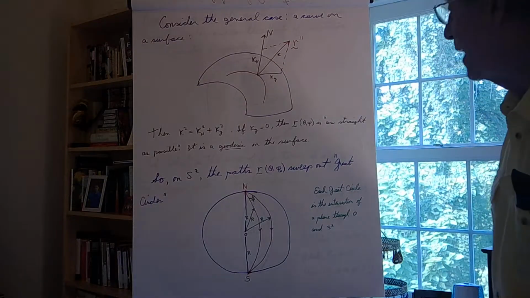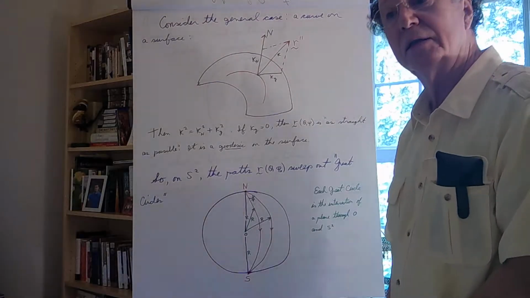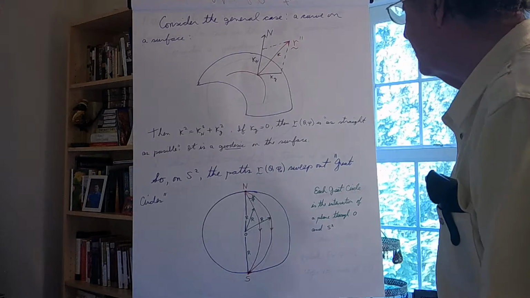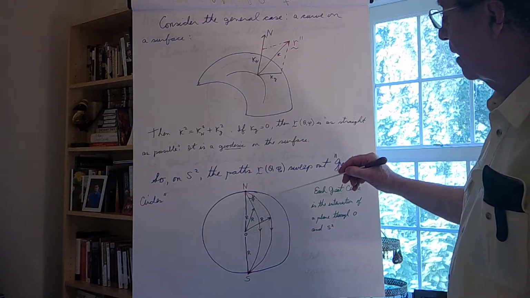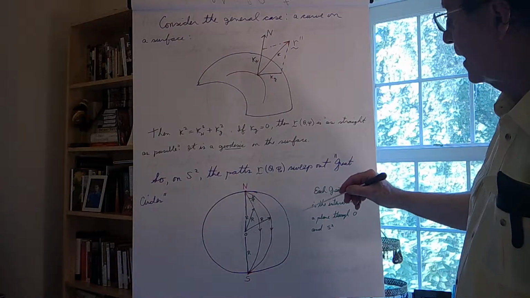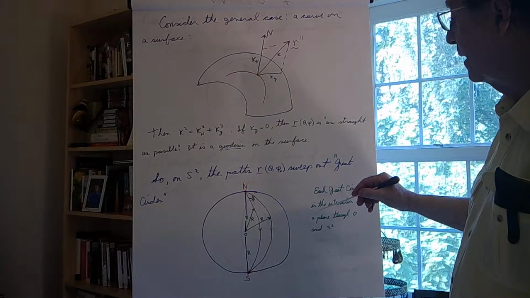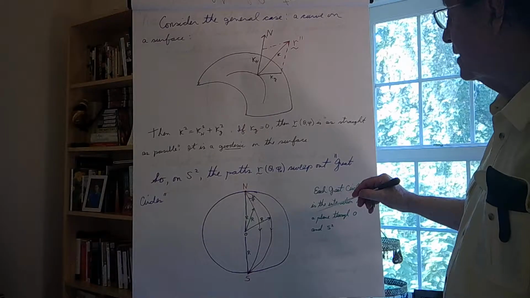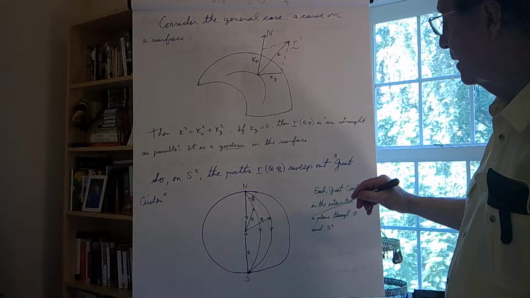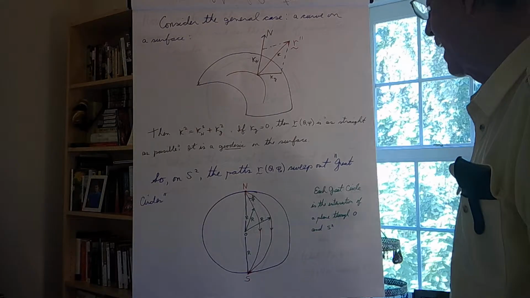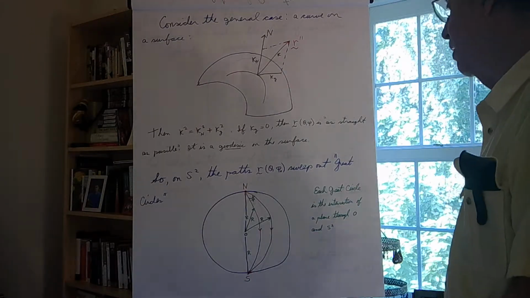I see that the geodesics don't maintain a constant distance between them. They deviate, of course, until I get down to the equator, where the geodesics are parallel and have a maximal distance between them. Then below the equator they start coming back together, and they intersect at the antipodal position, the South Pole.